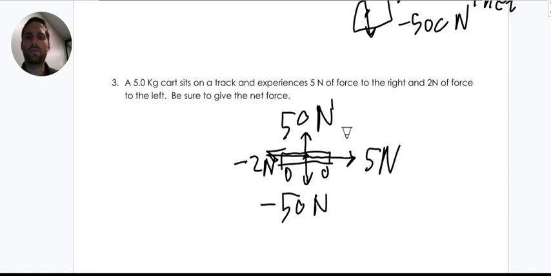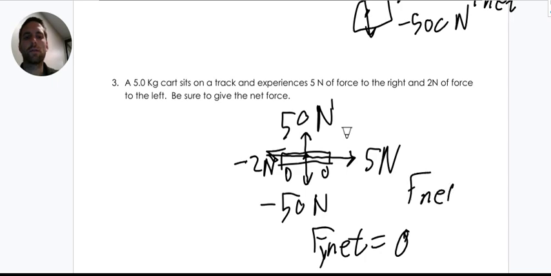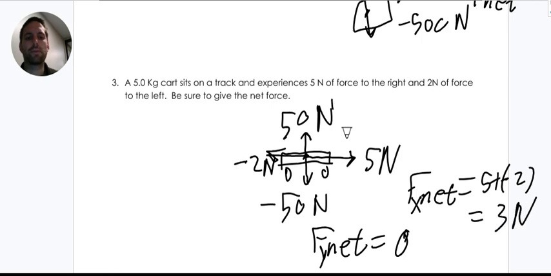The one in the y direction, the F net y, will be 0, of course. It's not going up and down. The one in the x direction will not be. It will be 5 minus 2, or 5 plus negative 2. 3 newtons.